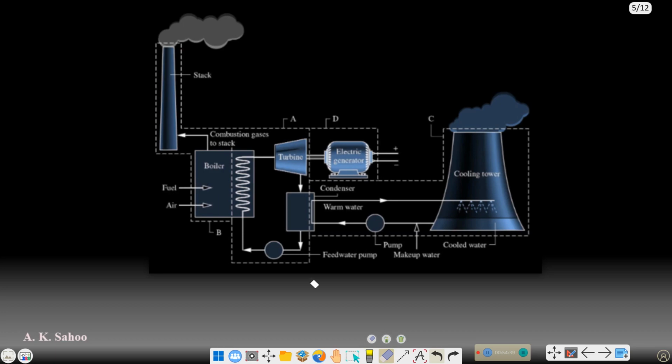Here we burn the fuel in the presence of air, and the flue gases move out through this stack to the ambient, and this heat is given to the steam, that is, the liquid.